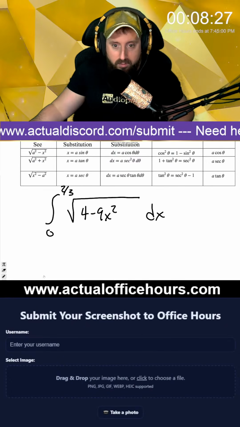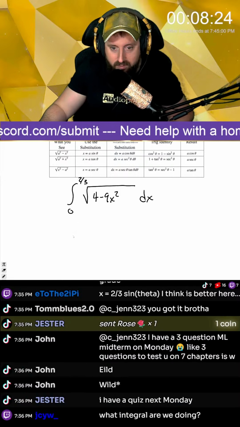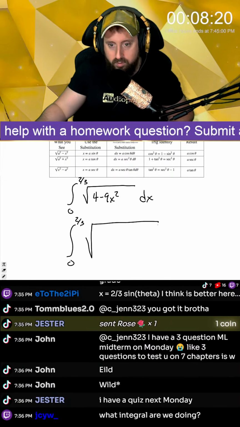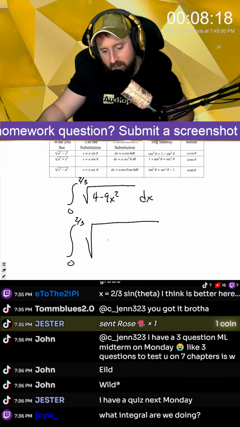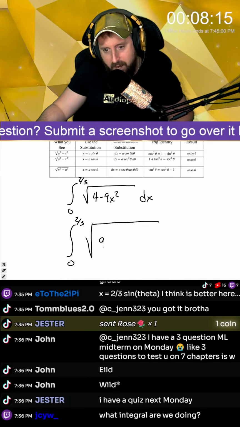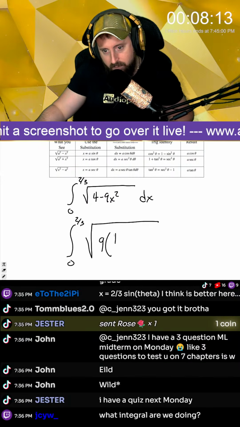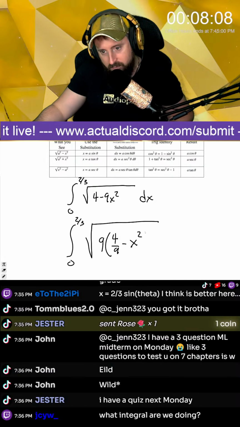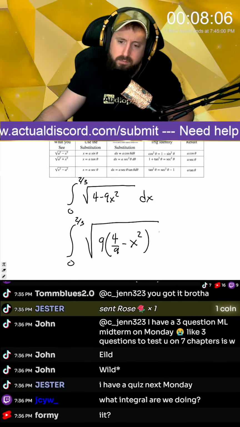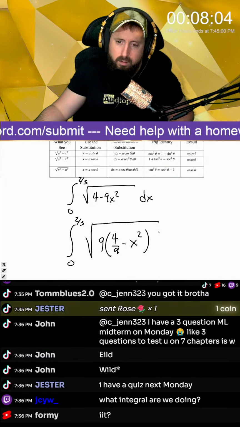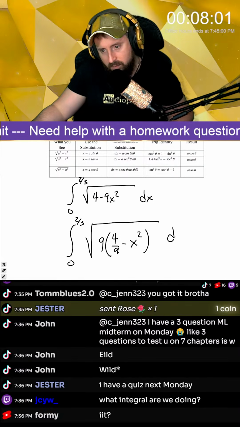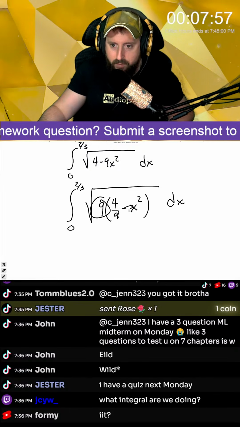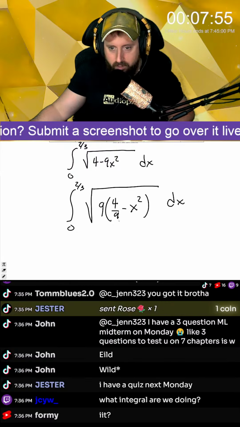So this is the same thing as the integral from 0 to 2/3 of the square root, and then I'm going to factor a 9 out. So that's going to be 4 over 9 minus x squared. Did I do that right? I think I did. dx, right? Yeah. So this came off of this, which means this now has to have a 4 over 9.